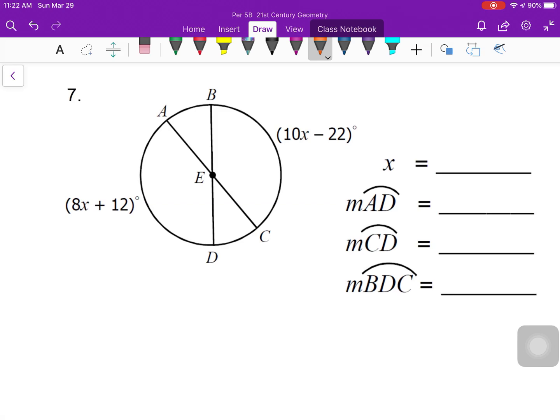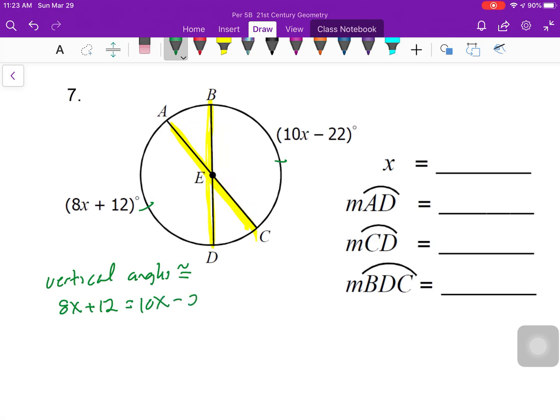Another one. Vertical angles again. So these will be congruent arcs.